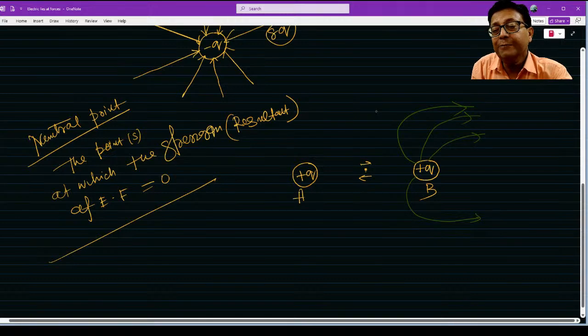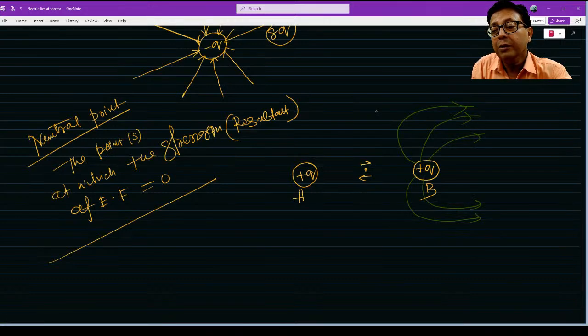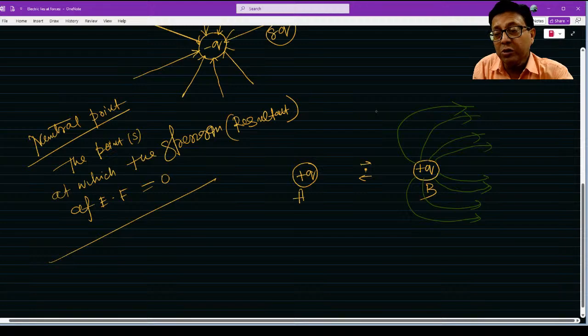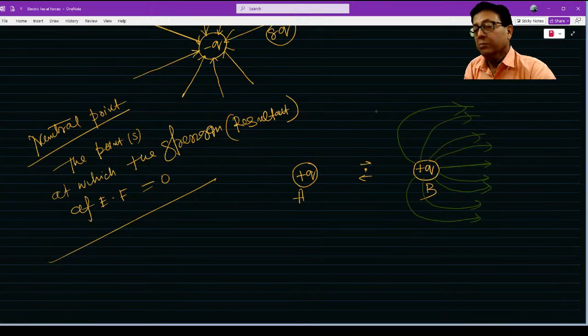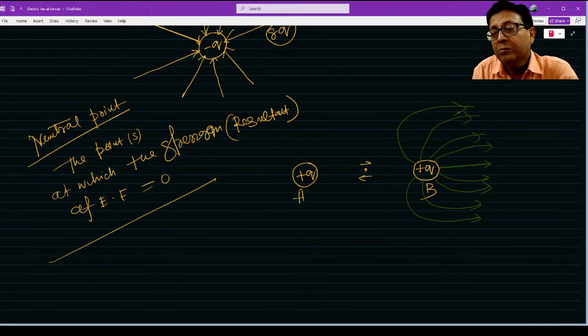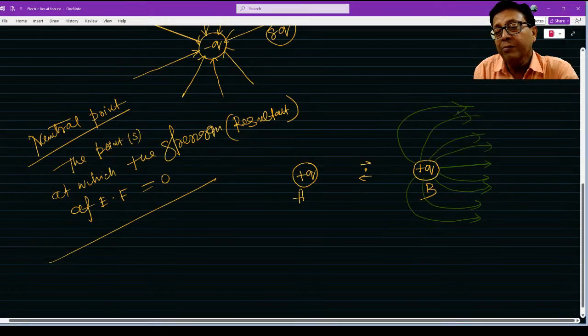Why? Because you should draw isotropically, yeah? But isotropically is not possible here. Why not possible? Because the strength is changing, no? In the same manner, how many lines of forces are passing here? 3, 5, 8, 9. I'll draw 9 only.